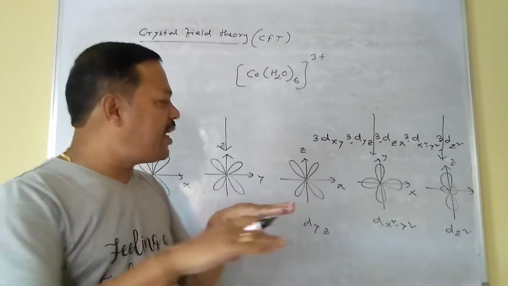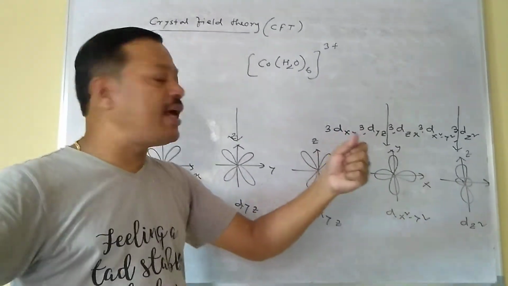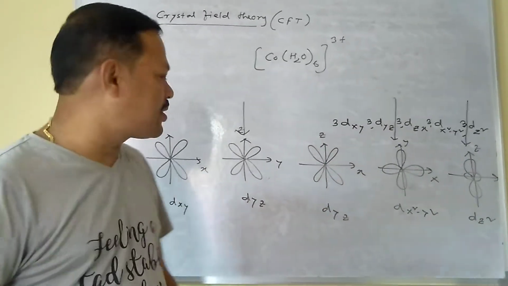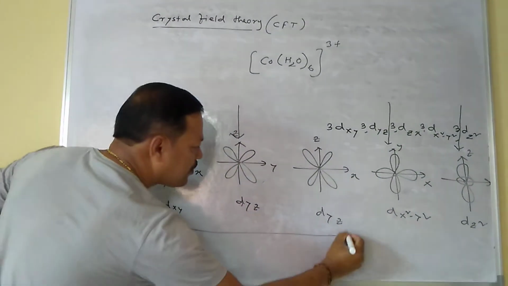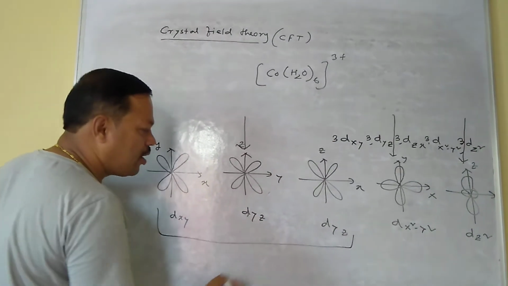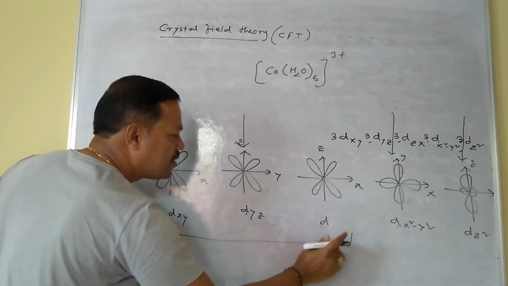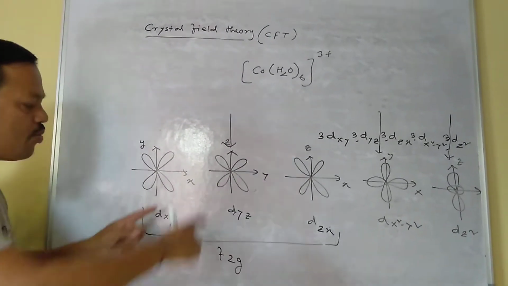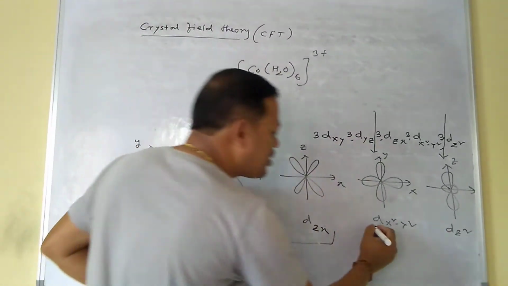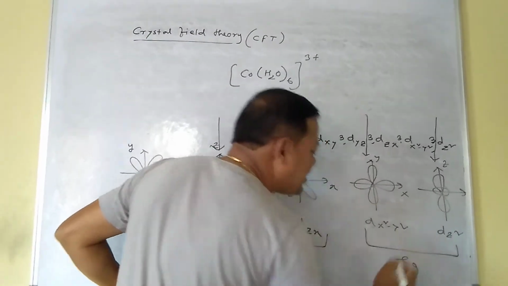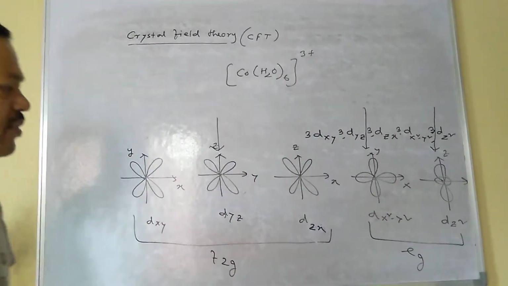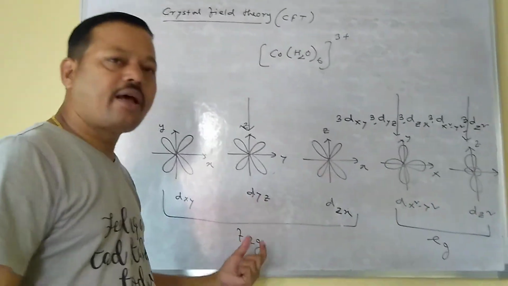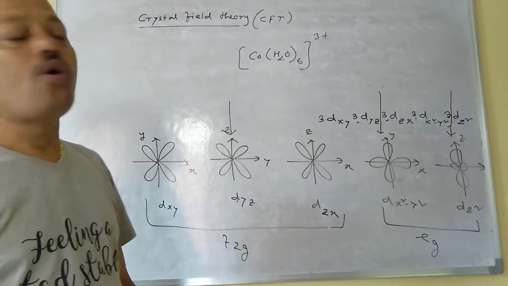Initially their energies are the same, but when the ligand comes towards the metal, the degeneracy is split into 2 series. These 3 orbitals dxy, dyz, dzx are called the t2g series, and these 2 orbitals are called the eg series. The eg set will have higher energy and the t2g set lower energy in an octahedral complex.